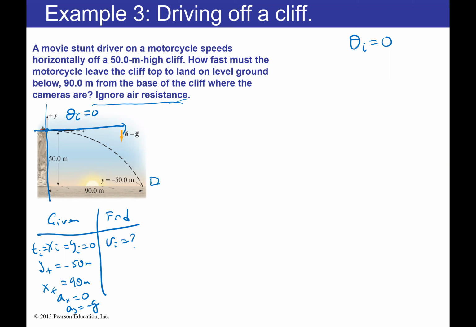Why? Think of it like this. This is the cliff. It is moving with some initial velocity, horizontal. When it goes off the cliff, it is still moving horizontally only, and then it goes into free fall like that. That means theta initial here is 0.